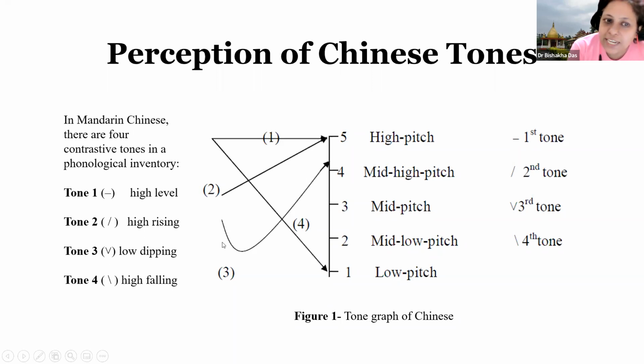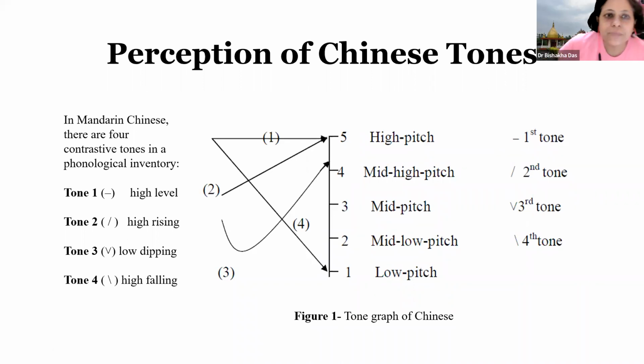Now tone 3 is low dipping, therefore it's marked with a V. It's from here, ma, or hao. And tone 4 is the abrupt falling from 5 to 1, and hence it is ma.